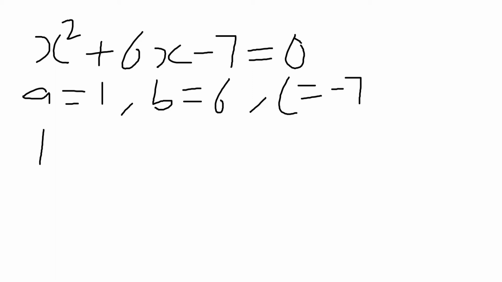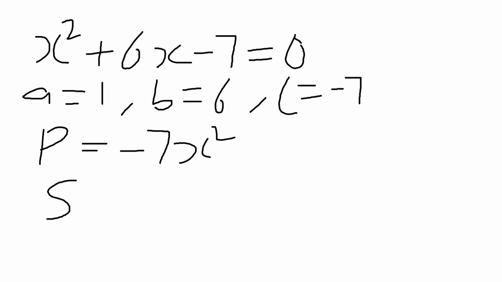We have to know what our product is. Our product is a c x squared, and that is 1 multiplied by -7x squared, and that is -7x squared.